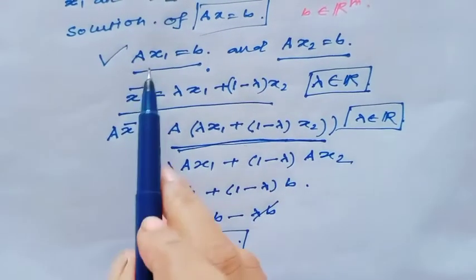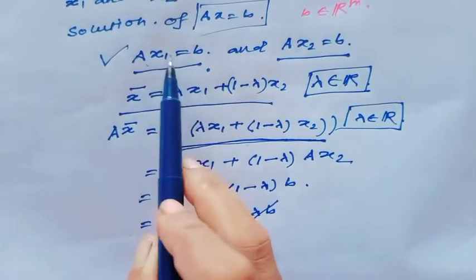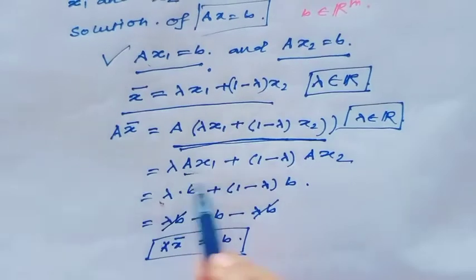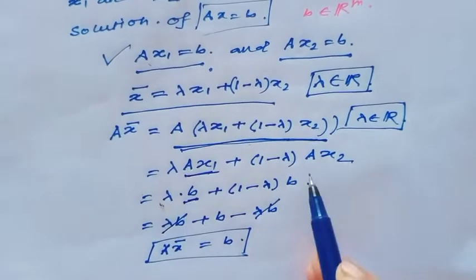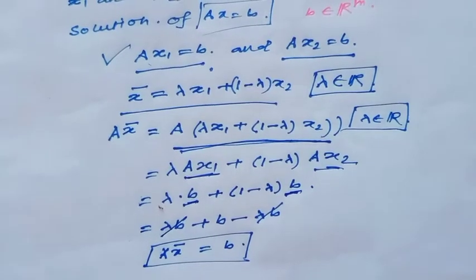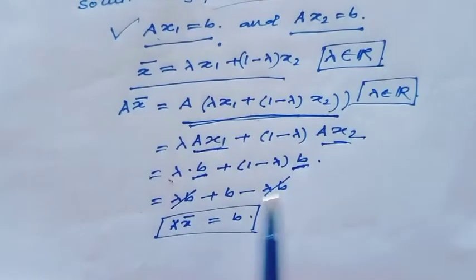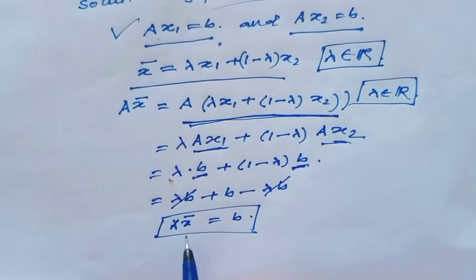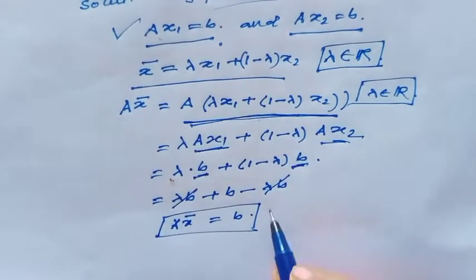Since Ax1 = b and Ax2 = b, put the values, then this would be b and this would also be b. Then the equation reduces to lambda b + b - lambda b. Cancel lambda b, then A x bar = b.